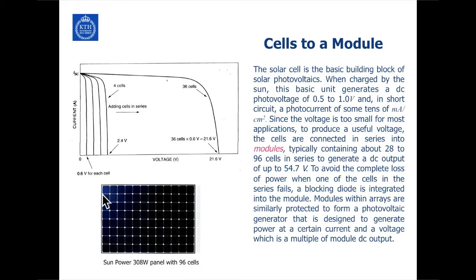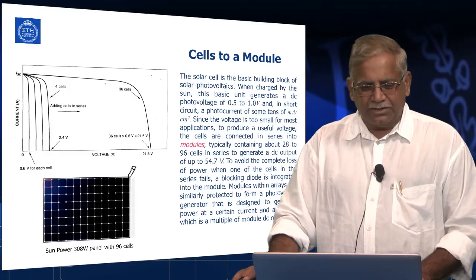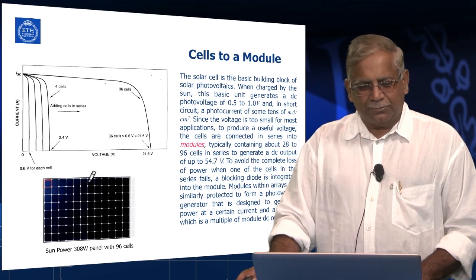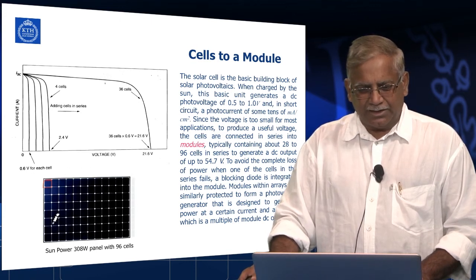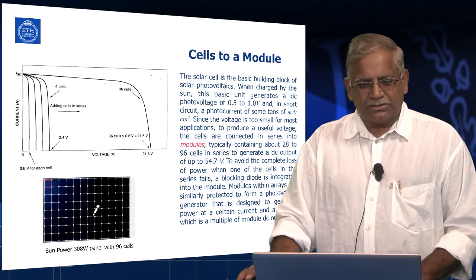So you can count them here. This is one cell, and like that you can see there are 2, 3, 4, 5, 6, 7, 8, 9, 10, 11, 12 of these, and 8 in this way. So in total we have a 12 by 8 array here, and that will make 96 cells.